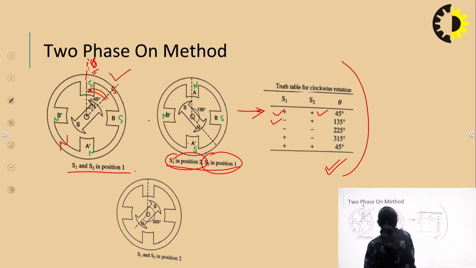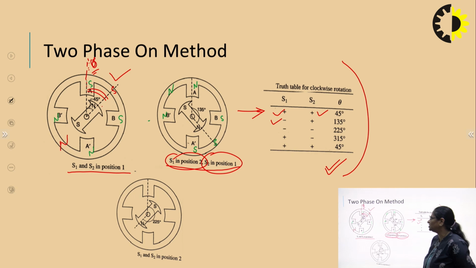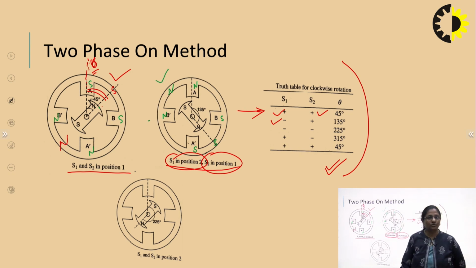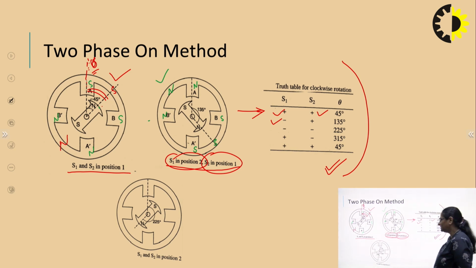So, the resultant S pole formation is here, resultant N pole formation is here. What was the previous position of the rotor? The previous position of the rotor was this. Now, rotor has rotated by one step angle, that is by 90 degree, and it is aligning itself in this particular case with respect to the switch position in second case, right?